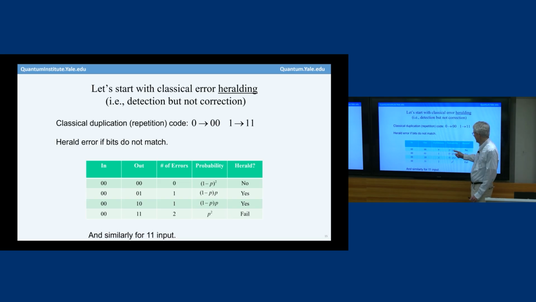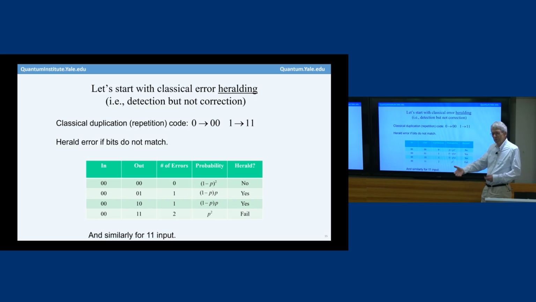Well, if P, or epsilon, same thing, is the probability that a given bit flips when it goes through the channel, and I'm assuming it's a binary symmetric channel, then the probability that it doesn't flip is 1 minus P. And you have to have this one not flip and this one not flip.